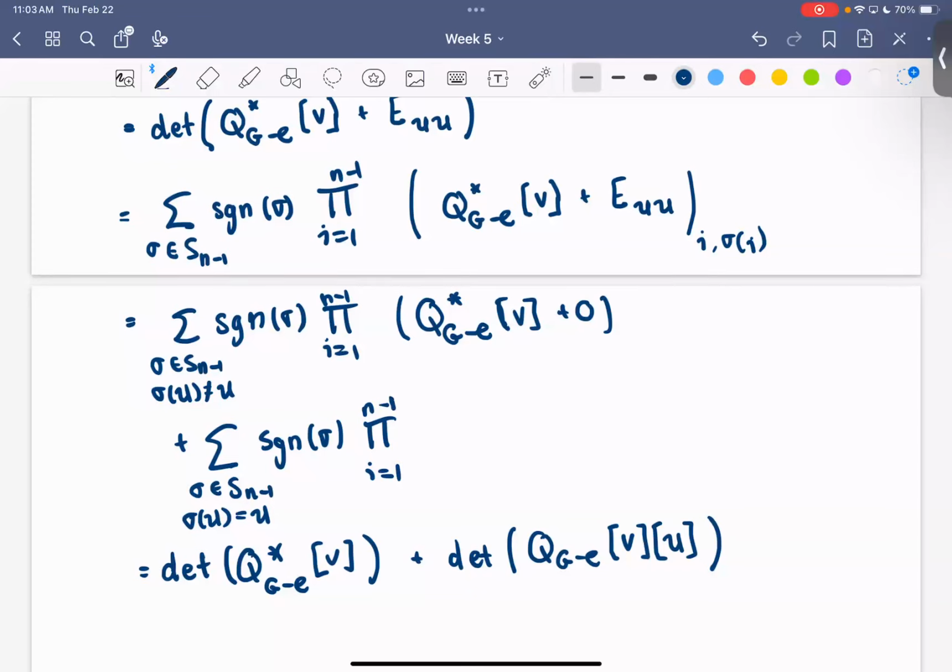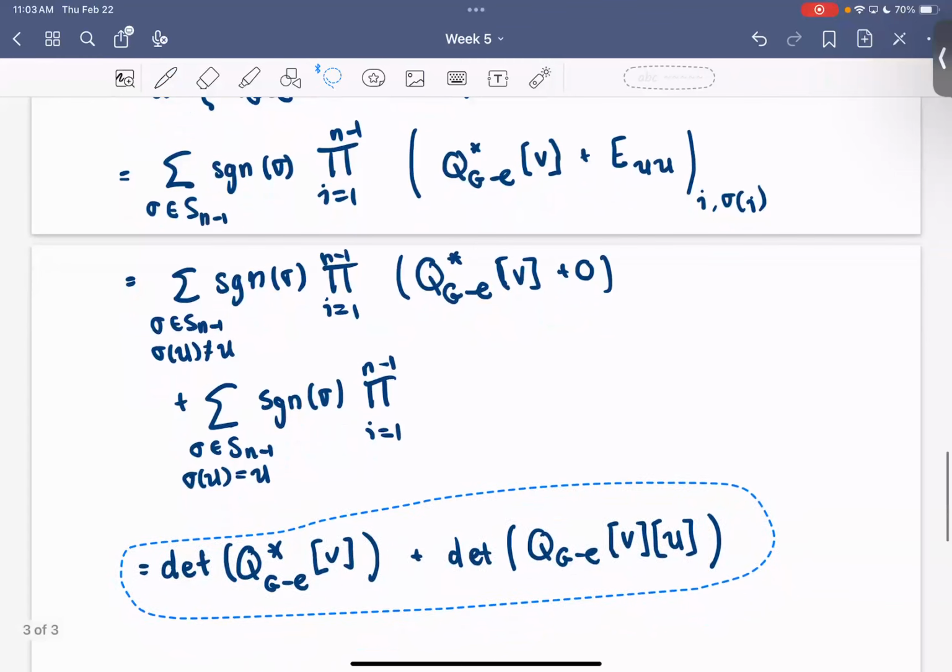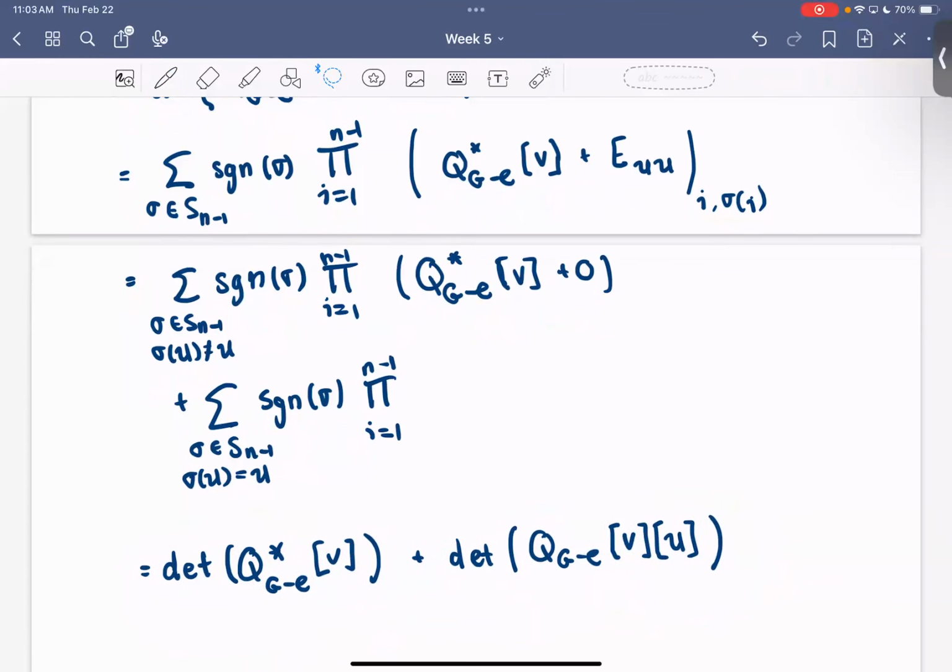And what we're going to find, so again, I'm going to separate out the UU case. So we're going to look at I not equal to U, and again we'll have the same thing here: Q^T G minus E star V plus 0.